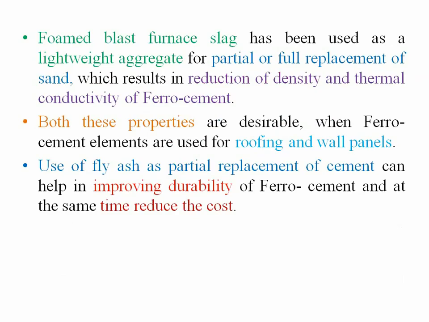To reduce this effect, chemical additives are added to the mortar mix. Sometimes foamed blast furnace slag is also used as a lightweight aggregate for partial or full replacement of sand. To get a lightweight mix, you can use foamed blast furnace slag, which reduces the density and thermal conductivity of the ferrocement.